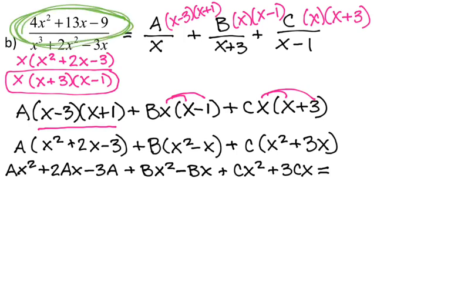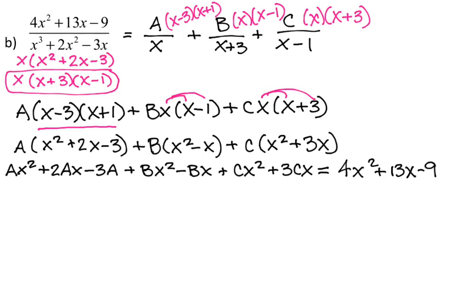So that is supposed to equal 4x squared plus 13x minus 9. So I'm going to write that down. Oh, wrong color. 4x squared plus 13x minus 9.